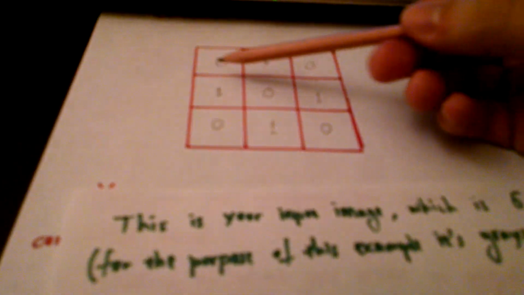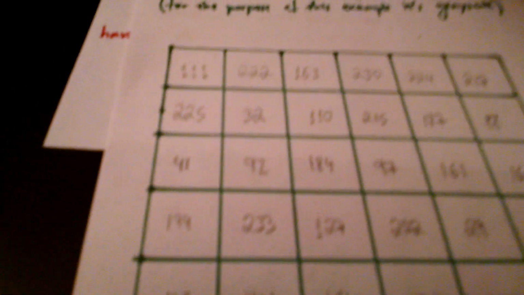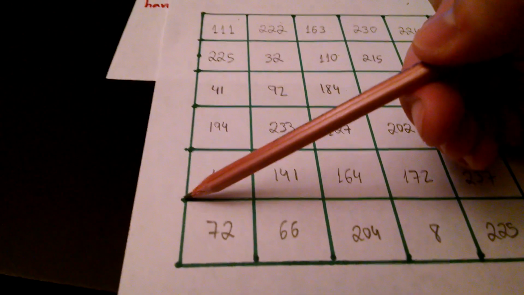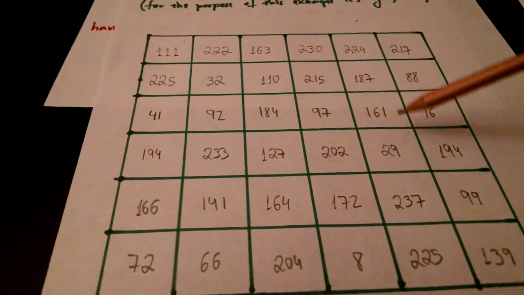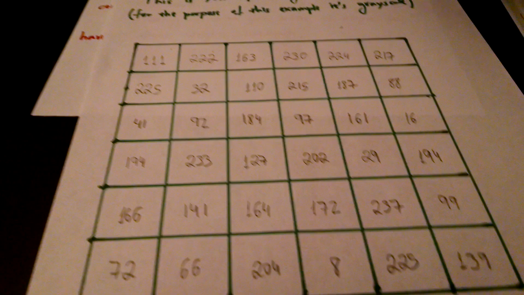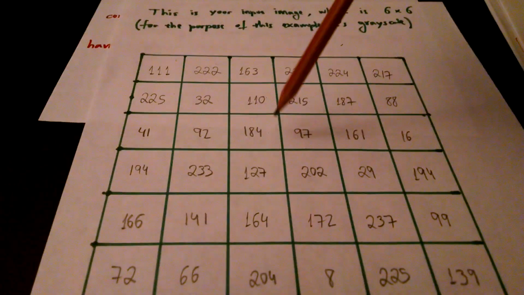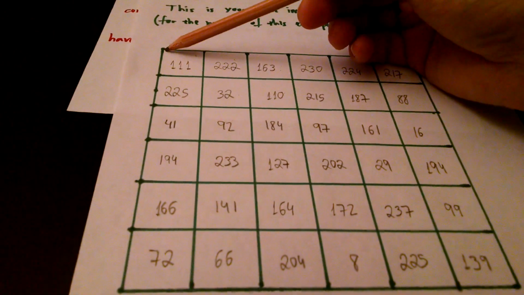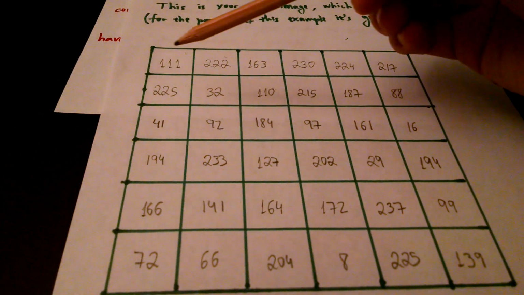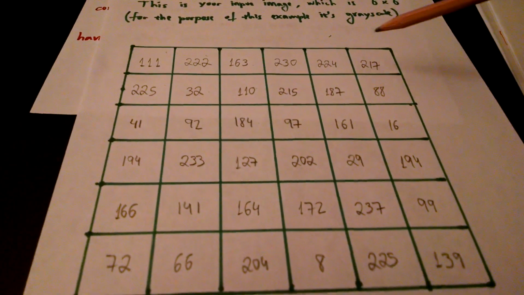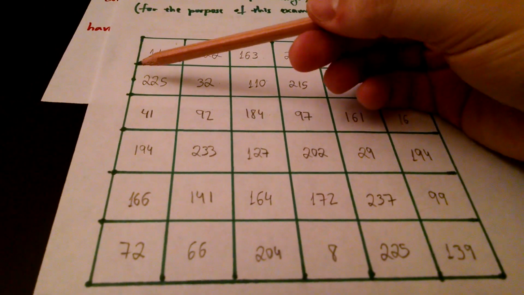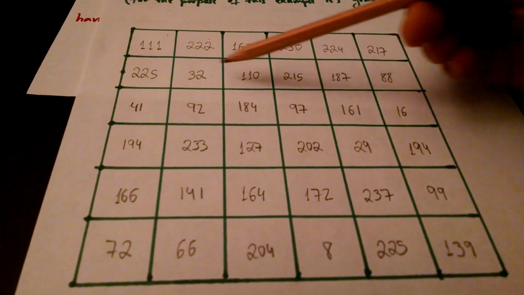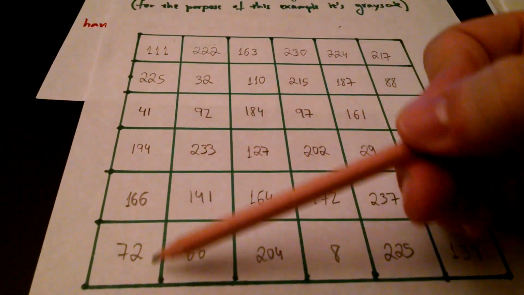If this was a 5x5 convolution, you'd basically do 1, 2, 3, 4, 5. So it'd be this huge square here, and then you do some combination that you choose to multiply. You'd have a 2x2 image, because you'd be able to slide the kernel 1, then 2, then 3, and finally 4.